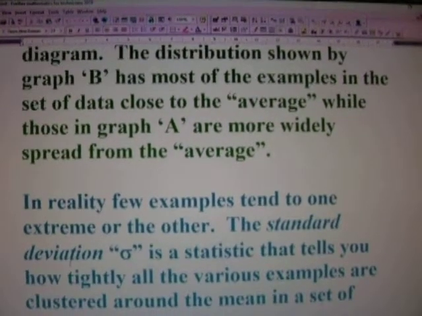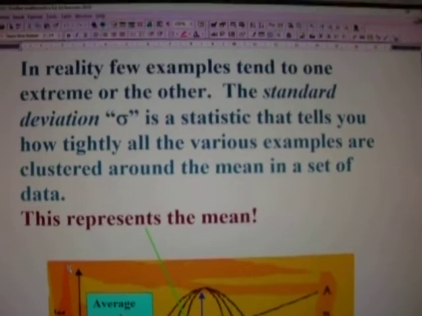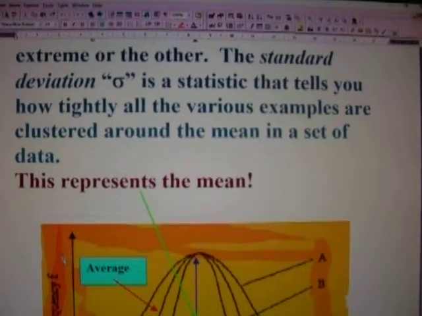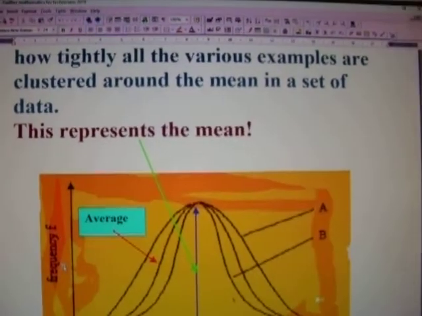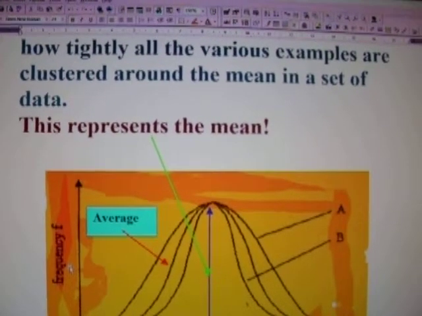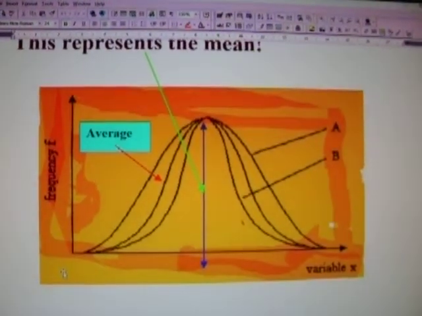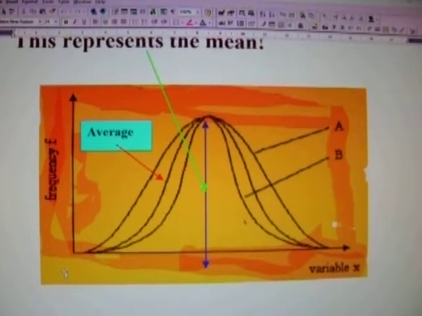So, now here I've given you some diagrams, some graphs. Look at the graphs as to how the information they help to provide. Bear in mind that the mean is always at the central point.